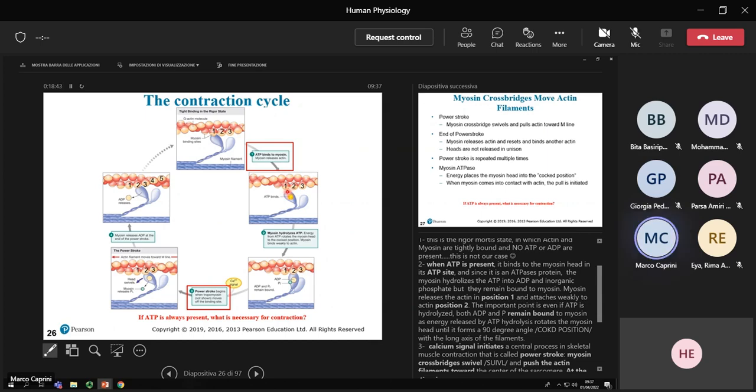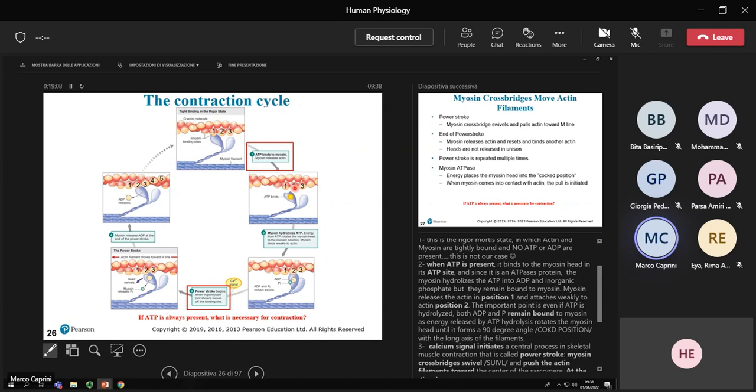The hydrolysis of the ATP, after the release of the actin in position 1, allows a weak attachment to the actin in position 2. You can see here, 1 and 2.